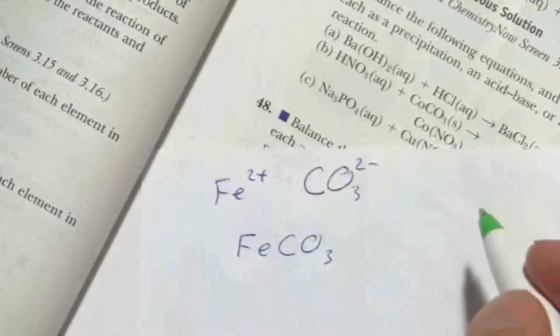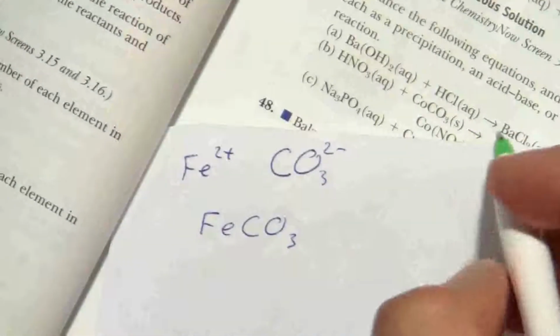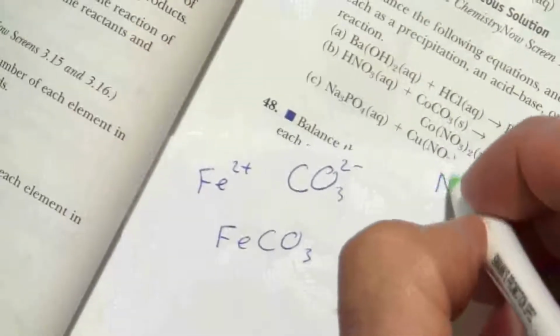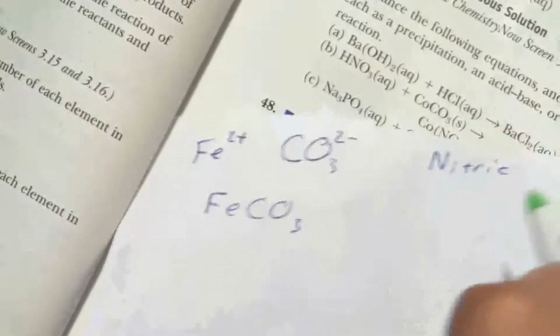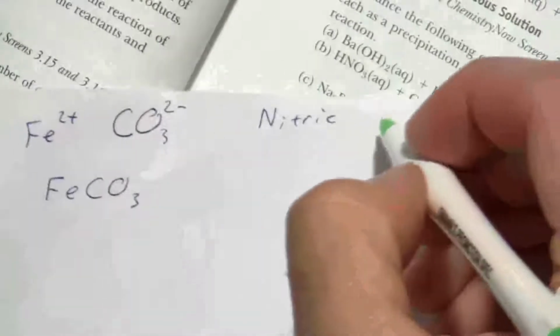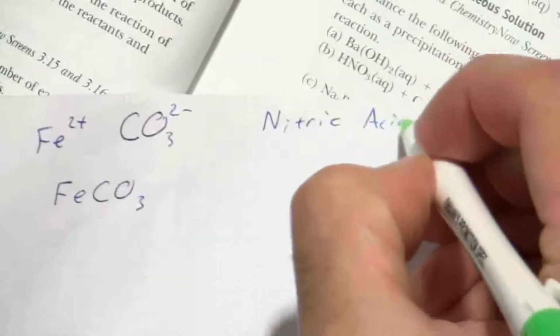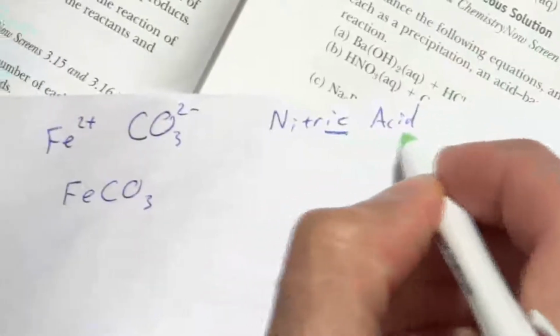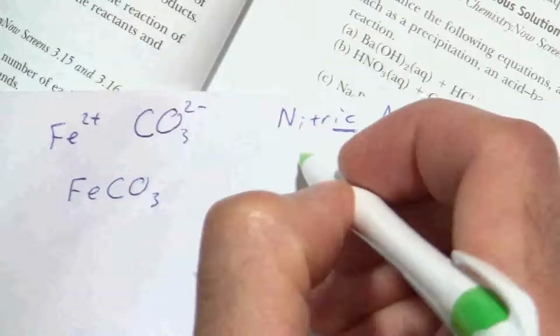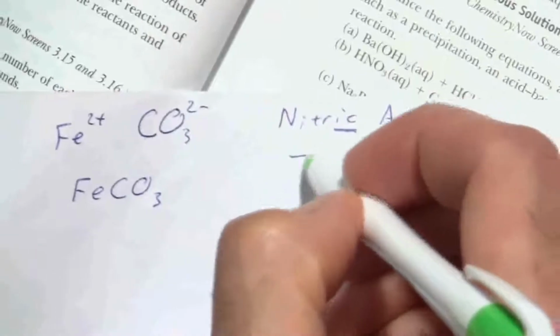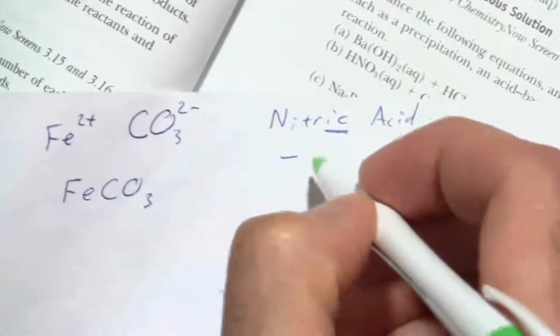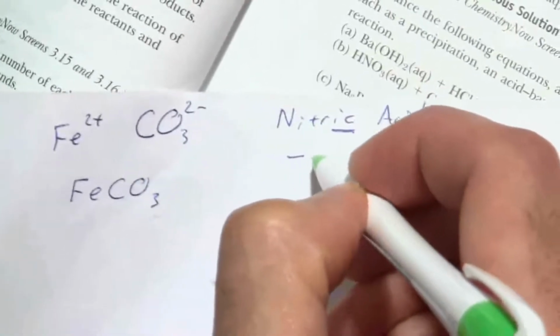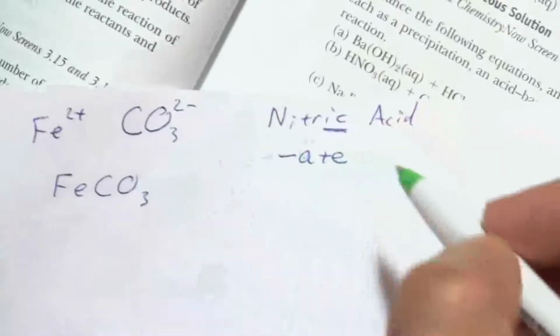Okay, and I'm putting that with nitric acid. Nitric acid, you'll recall from the naming of acids, those rules: when we have that -ic acid, it comes from anion endings that are -ate.